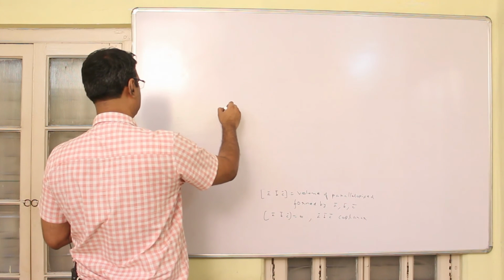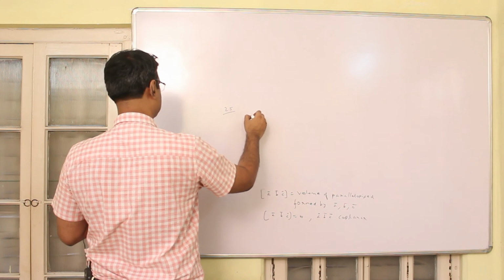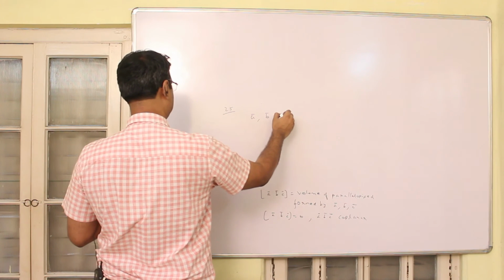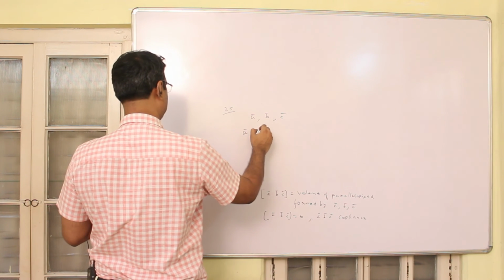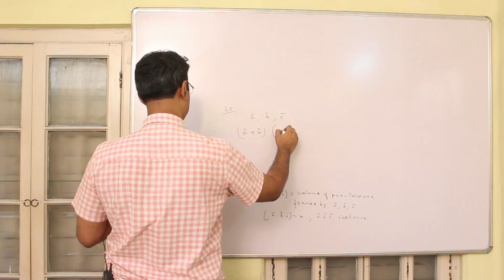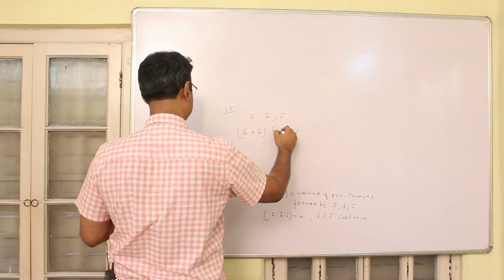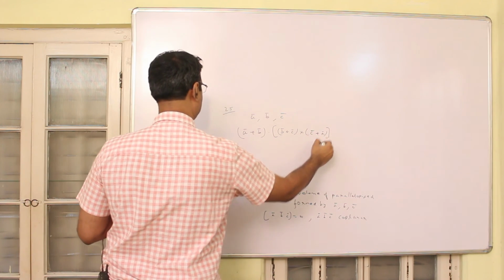Let's have a look at question number 25. It says that prove that ABC are coplanar if and only if A plus B, B plus C and C plus A are coplanar.